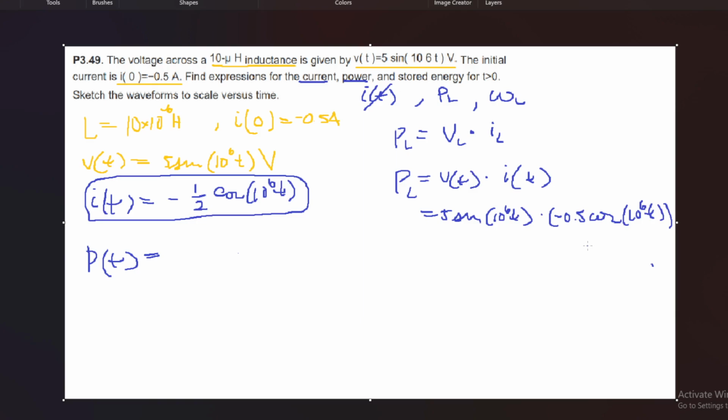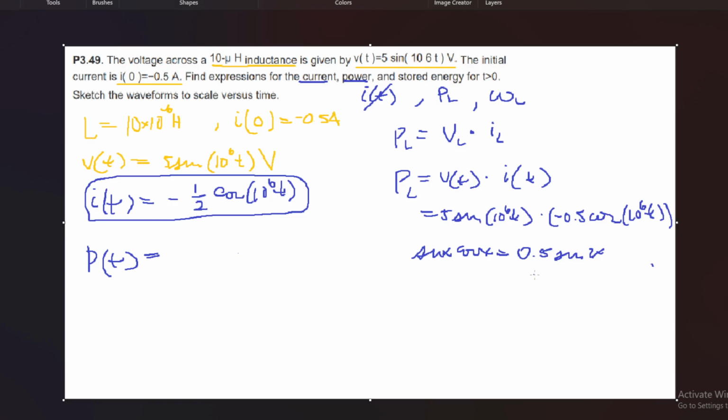And basically I used another identity here. I use sine x times cosine x is equal to 1/2 sine 2x, or I'll just do the 0.5 sine 2x so it's consistent.